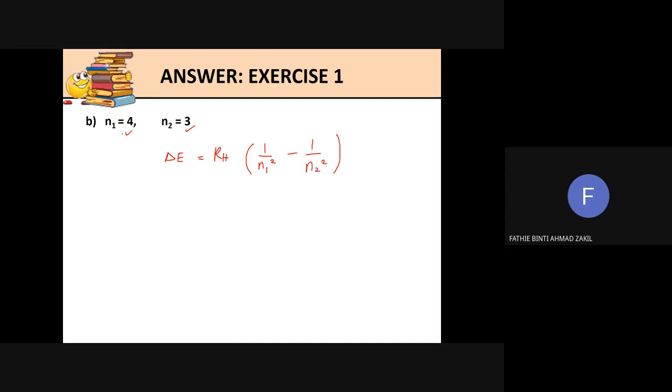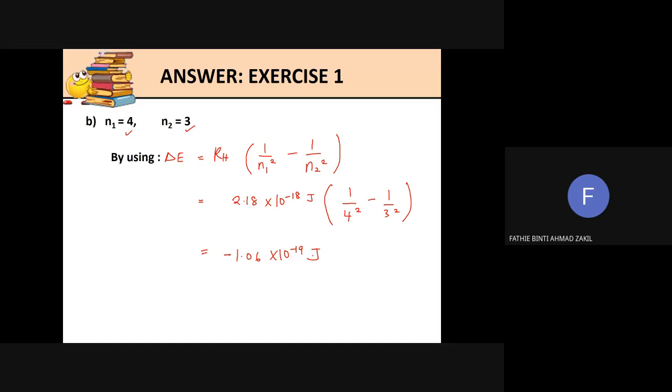So masukkan semua value ni, N1 4, N2 sama dengan 3, so you akan dapat 2.18, ni adalah RH ni, darab dengan 10 negatif 18 Joule, darab dengan 1 over 4 to the power of 2 minus dengan 1 over 3 to the power of 2. So you calculate, masuk dalam calculator elok-elok, so you akan dapat lebih kurang negatif 1.06 darab dengan 10 negatif 19 Joule lah.